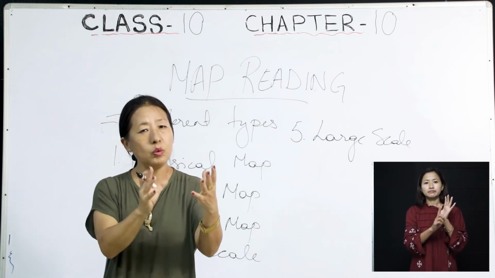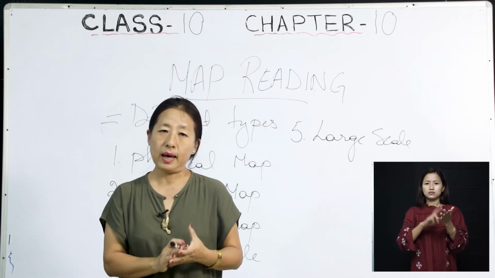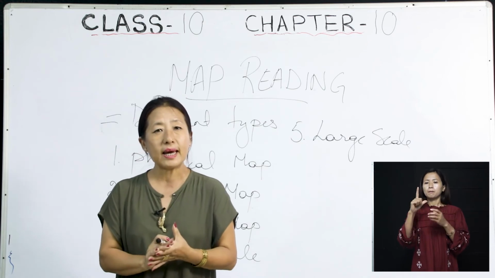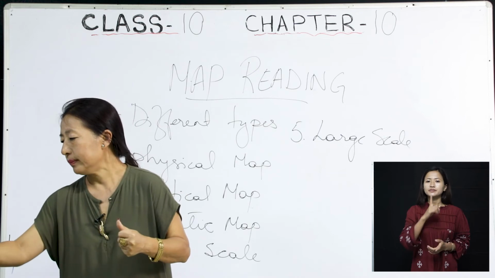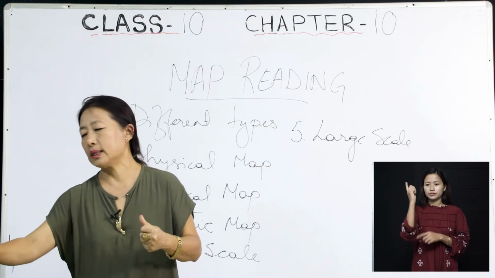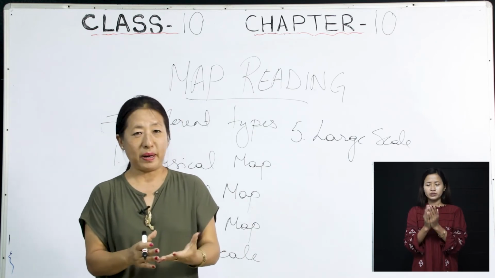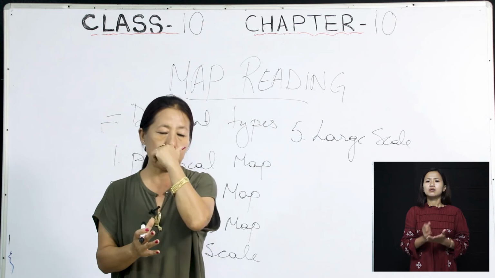All those are called conventional symbols and signs, and all these are universally accepted. In today's class, the map reading, we will be doing only the theory part. We are not going into the practical part. I want you to do the practical yourself.